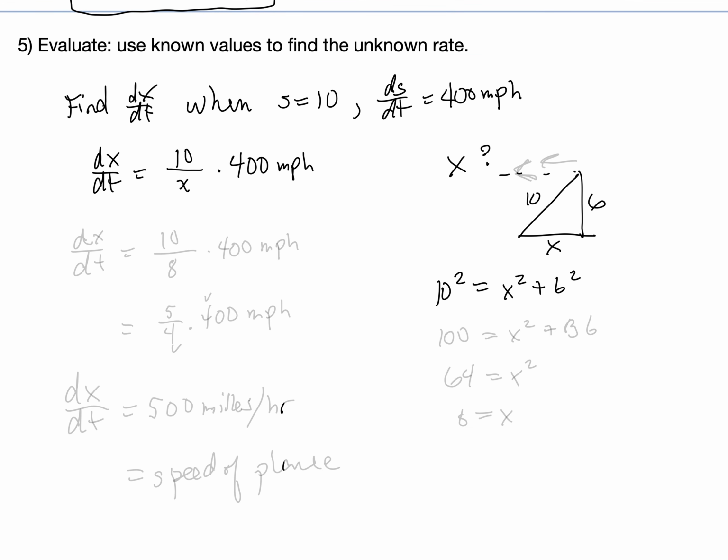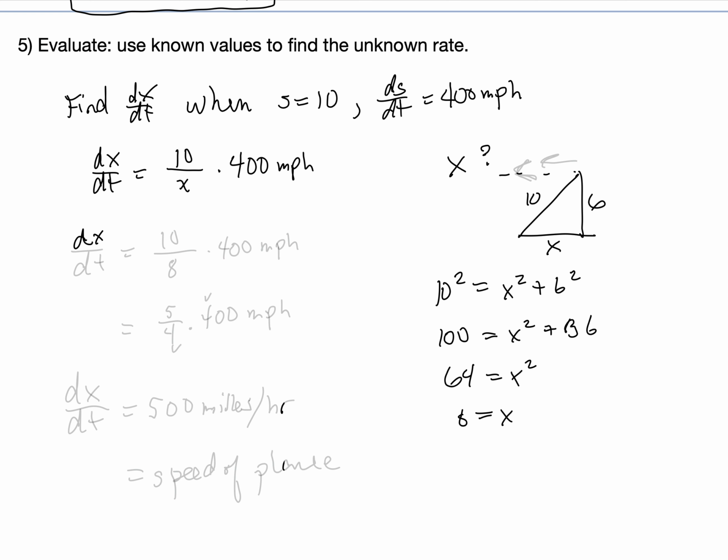And so that tells us that 100 is equal to x squared plus 36. And because this is a nicely constructed problem, we'll get a nice answer. 100 minus 36 is 64, equals x squared. And so that means that 8 is equal to x. We're just thinking about the positive value.